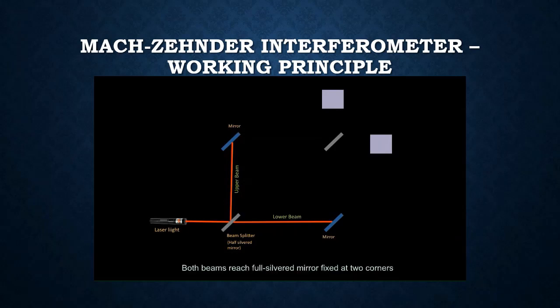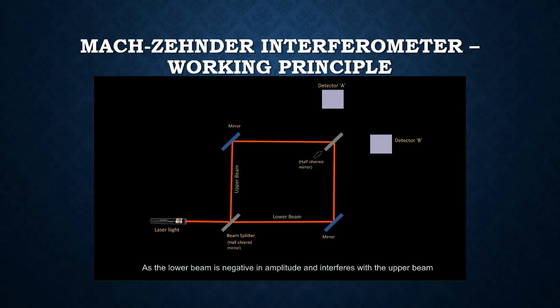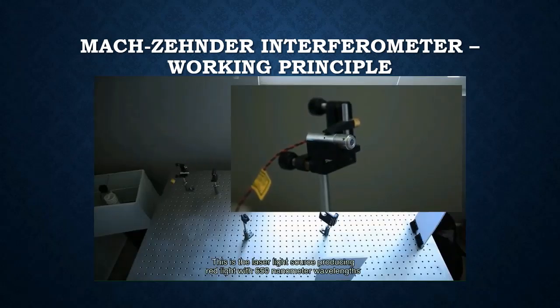Both beams reach fully silvered mirrors fixed at two corners to reflect into another beam splitter, which is a half silvered mirror. There are two light detectors labeled A and B at both axes, and as the lower beam is negative in amplitude and interferes with the upper beam, the light beam always strikes detector A. So let us see this experiment set up in his lab.